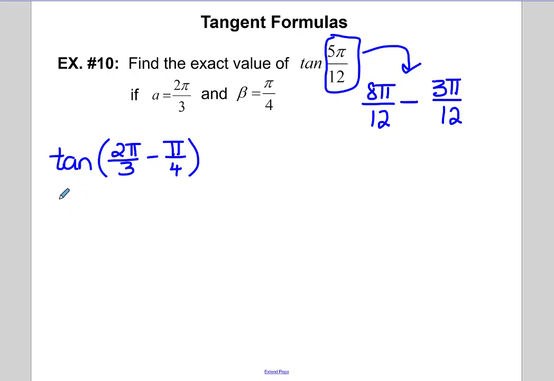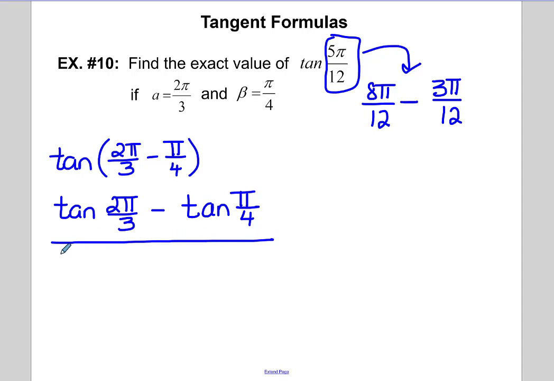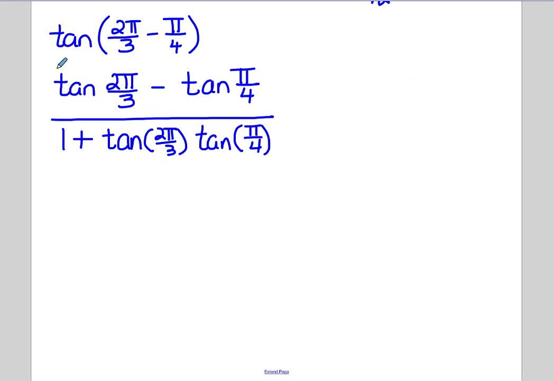And that formula, when it was minus, we kept minus in the numerator, so tangent of 2 pi over 3 minus tangent of pi over 4. And then the denominator, we switched signs and had 1 plus tangent 2 pi over 3 times tangent of pi over 4. So we just need to evaluate each trig function.